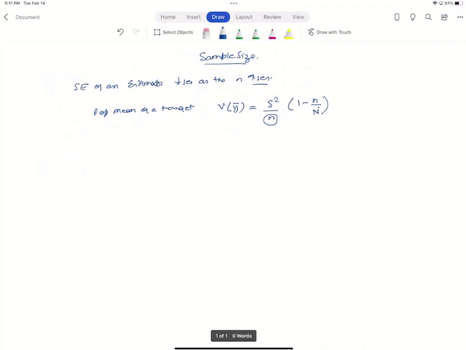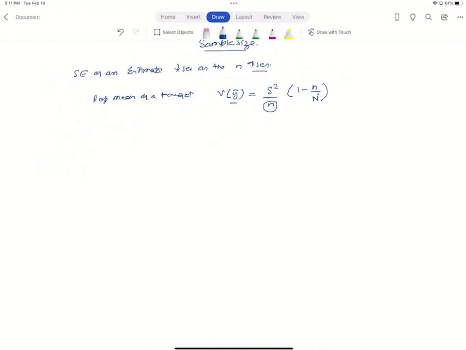It's important to remember that this is the variance of y bar and it is not the variance of the sample. Obviously if n is equal to N, then n over N becomes 1, and 1 minus 1 becomes 0, which means this whole thing becomes 0.